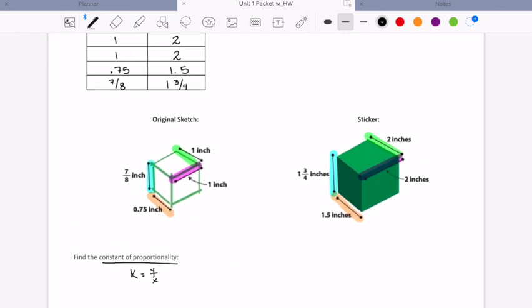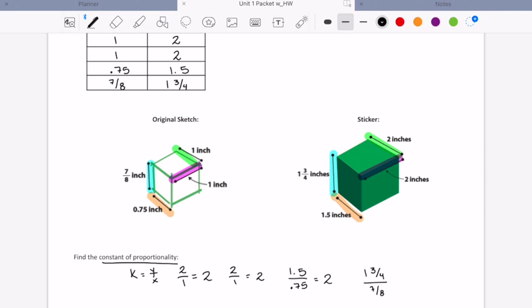So I should have 2 divided by 1, which is 2, 2 divided by 1, 1.5 divided by 0.75, which is also going to give me 2, and last 1 3/4 divided by 7/8.